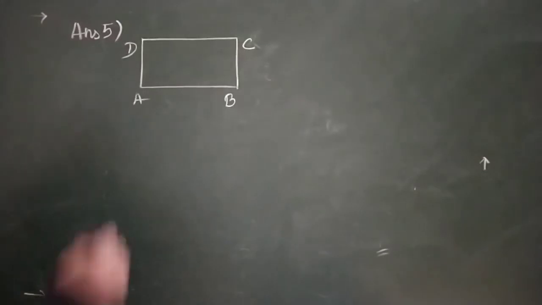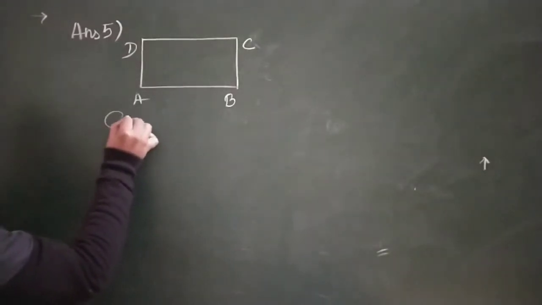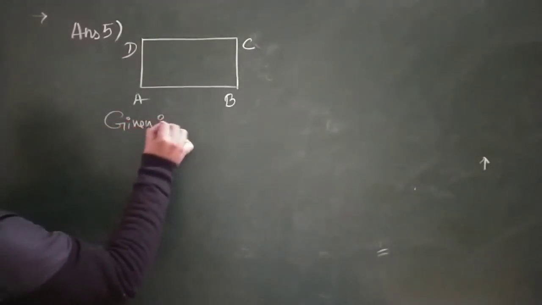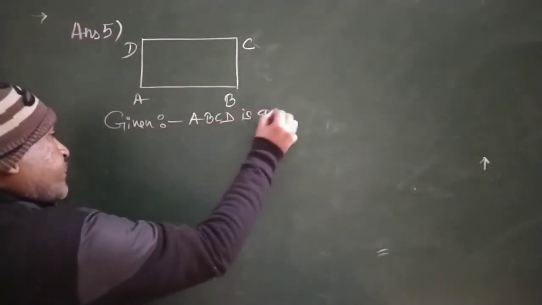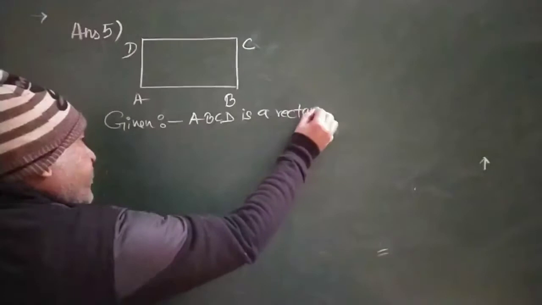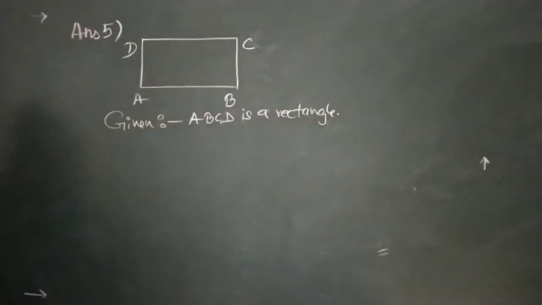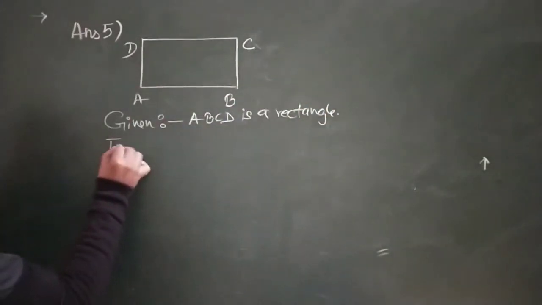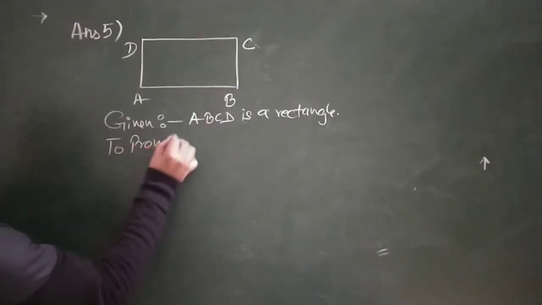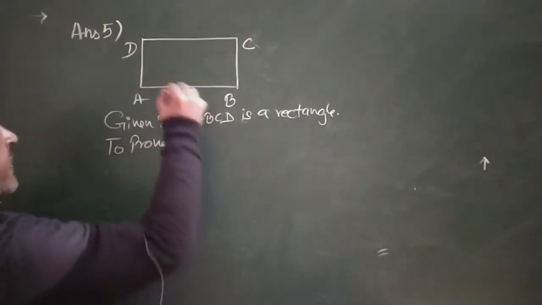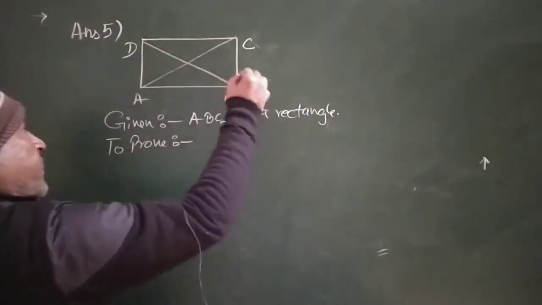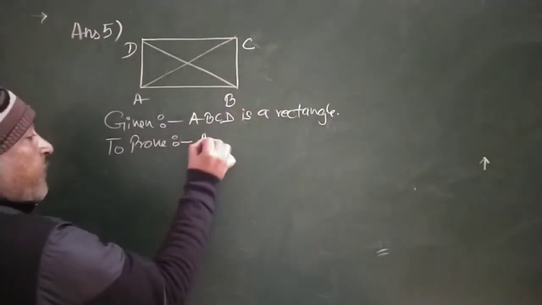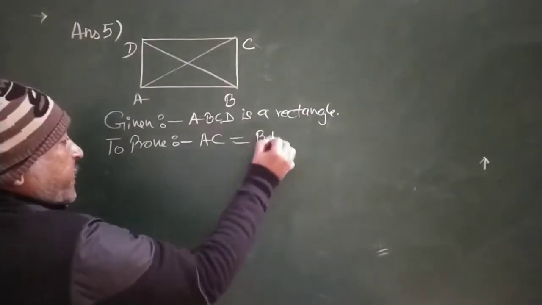First, it is given that ABCD is a rectangle. Second, what we have to prove is that the diagonals of the rectangle are equal. Diagonals are AC and DB, or we can say BD. We have to prove AC equal to BD.